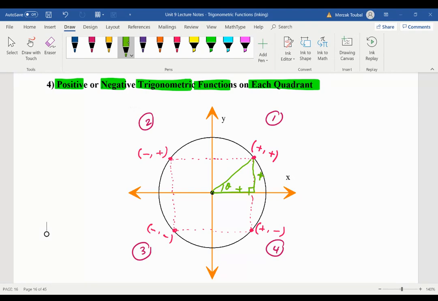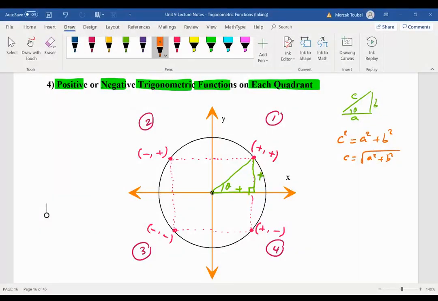Why is that? If we pick a right triangle and label the adjacent of angle theta with A, opposite with B, and hypotenuse with C, then to solve for the hypotenuse, you use the Pythagorean theorem. So c squared equals a squared plus b squared, and then c is the square root of a squared plus b squared.